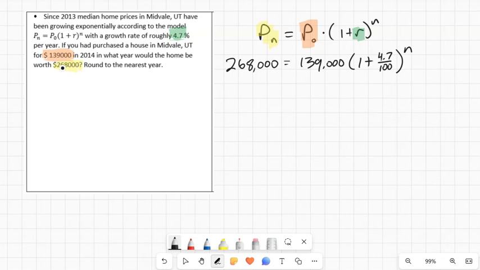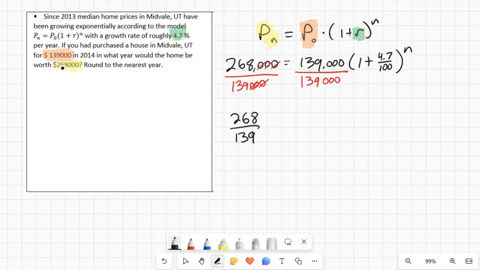Now to solve for n, we need to get rid of the rest of this stuff. The first step isn't bad. We divide by the coefficient, the 139,000. Just for ease, I'm going to reduce the 1,000 factor so that we can just work with 268 divided by 139.